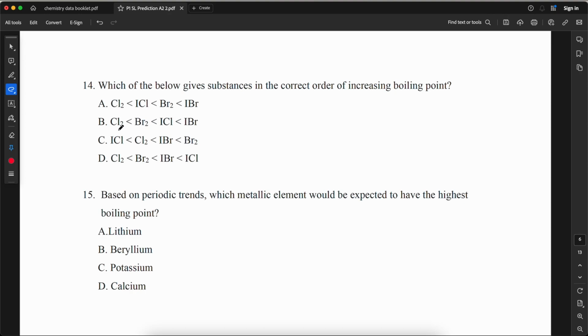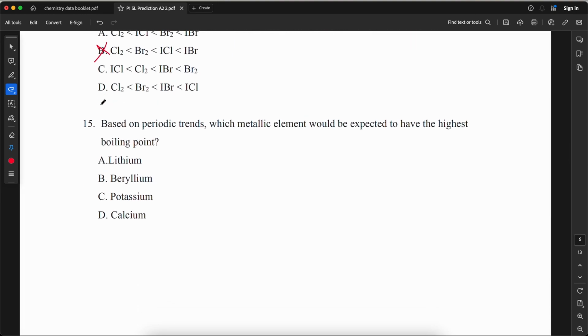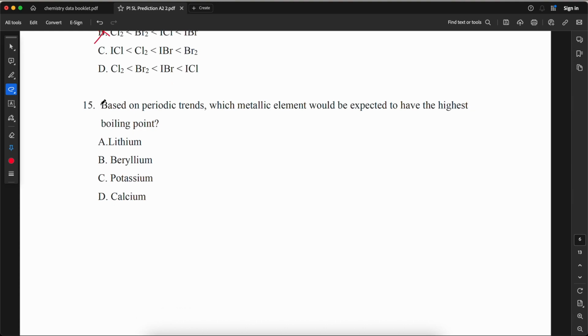If we compare Cl2 and Br2, Br2 has a higher molecular mass than Cl2, therefore it has a higher boiling point. And if we compare IBr and ICl, IBr has a higher molecular mass than ICl. Therefore the highest boiling point would be IBr, and the lowest one, Cl2. So it's B.